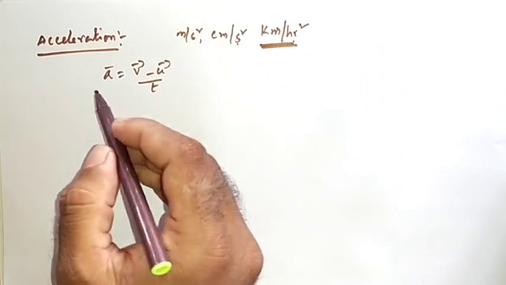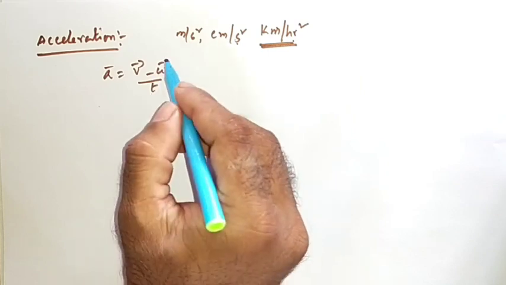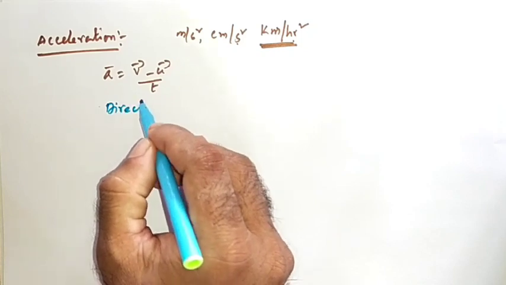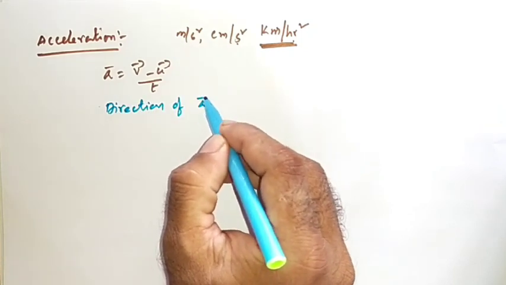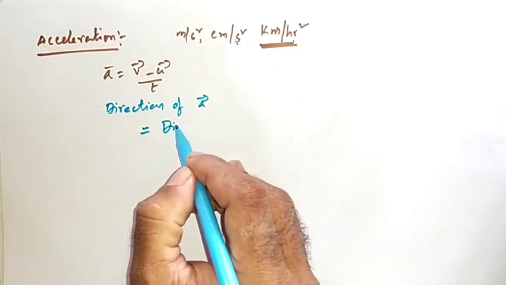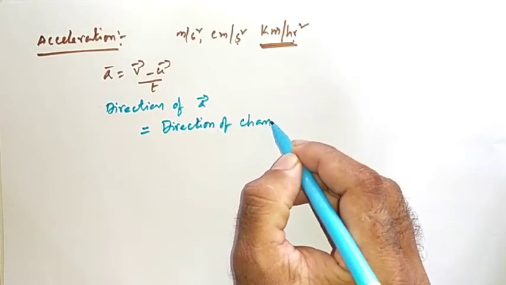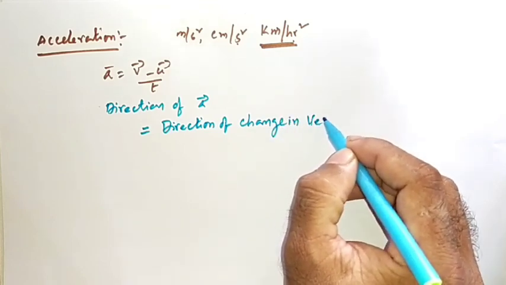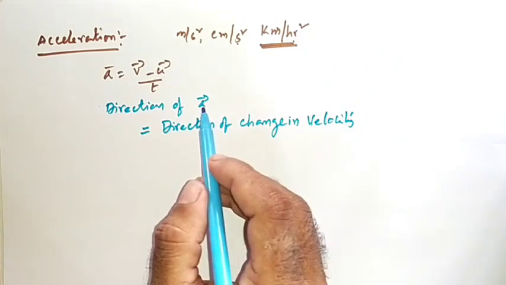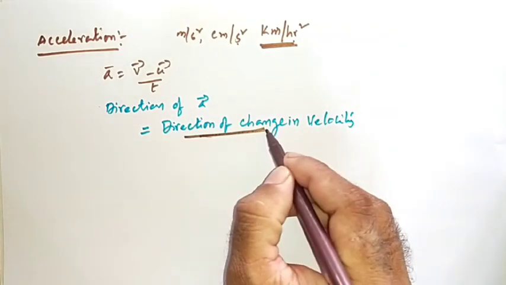Now let us see, as acceleration is a vector quantity, it has magnitude and direction. This gives the magnitude. What about the direction of acceleration? Listen carefully: the direction of acceleration is the direction of change in velocity.